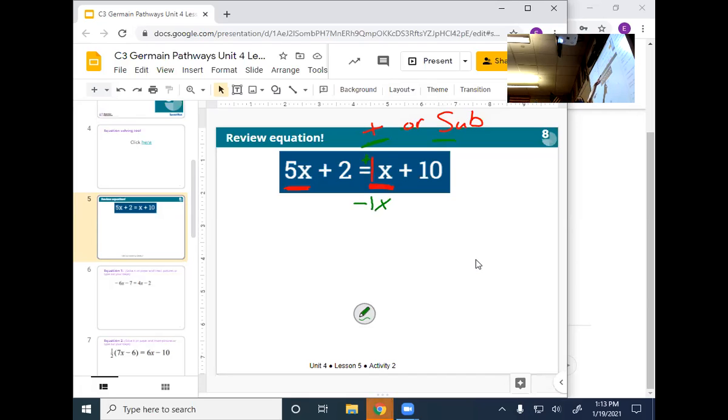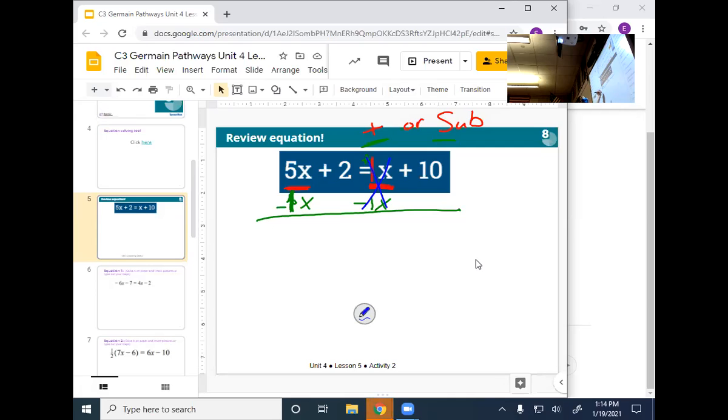If I subtract 1X from the right, what am I going to do to my left side? Subtract 1X from 5X. Very good. We're going to subtract 1X on the other side of the equal sign, and we can only subtract it from the 5X. Minus 1X. On my right side, my X's cancel out. 5X minus 1X is 4X.